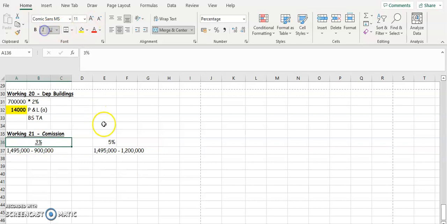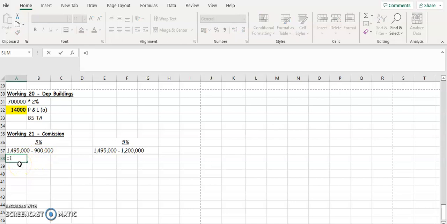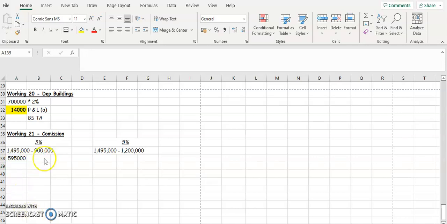Okay, so what we're trying to do is find the difference, or find a figure that you need to calculate on. So the difference between 900,000 and 1.495 million is 595,000.